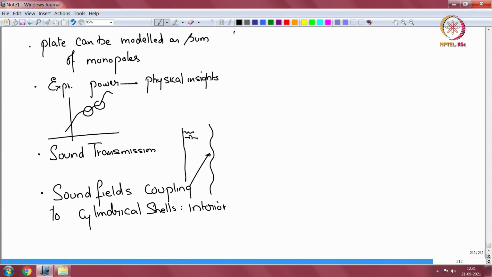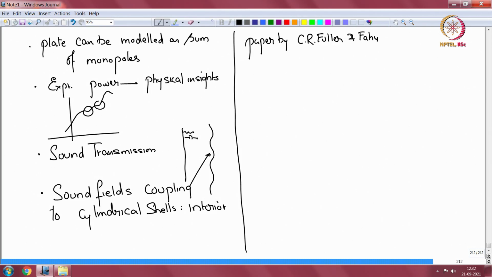And in this regard we looked at a paper by Fuller and Fahy, that discusses wave characteristics in coupled cylindrical shell fluid systems, and also presented a calculation for energy ratio.